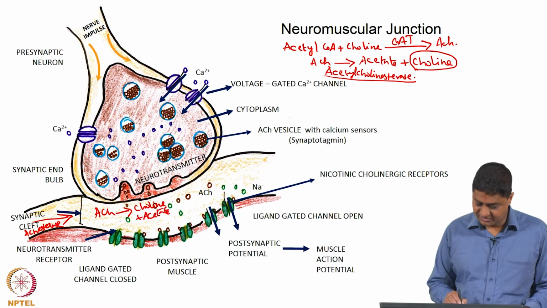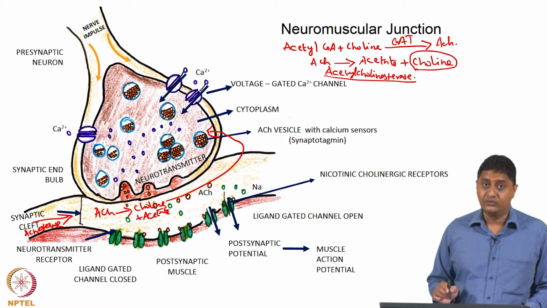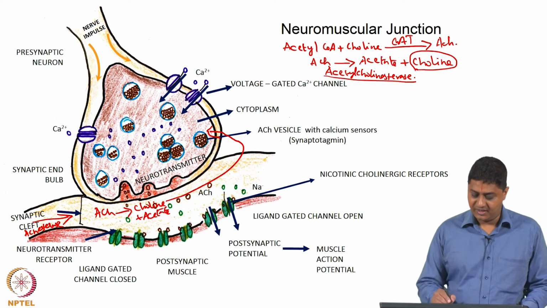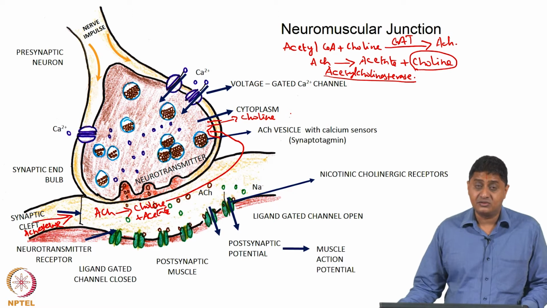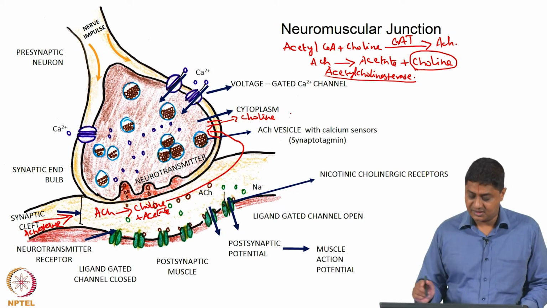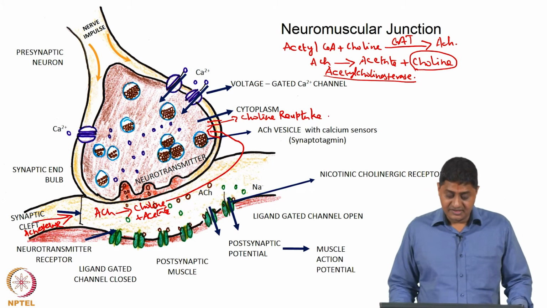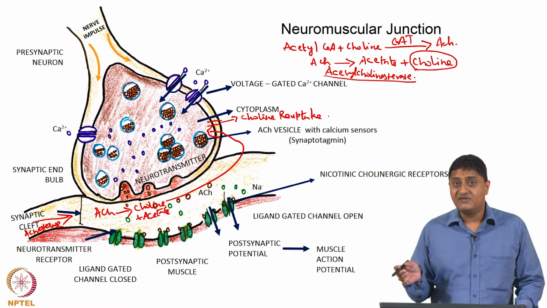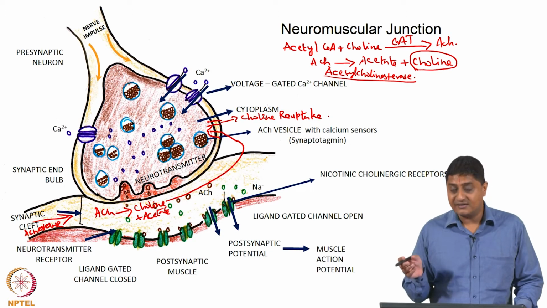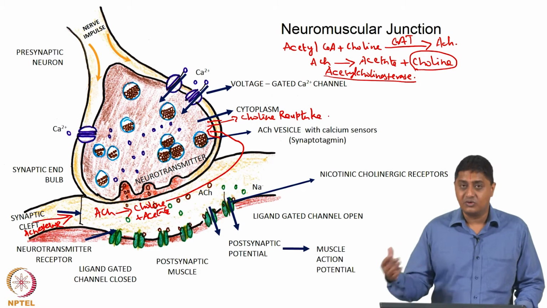The acetate group escapes the system, whereas choline is reuptaken to the presynaptic terminal by what are called choline reuptake mechanisms. This choline will be recycled by choline acetyltransferase to make more acetylcholine.